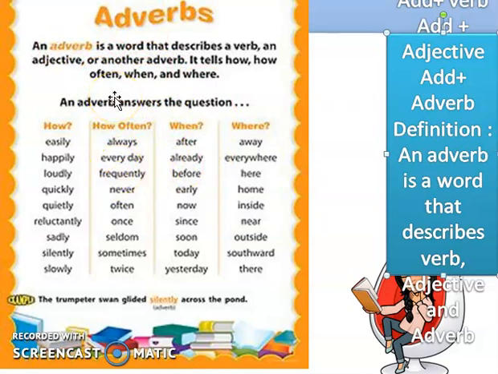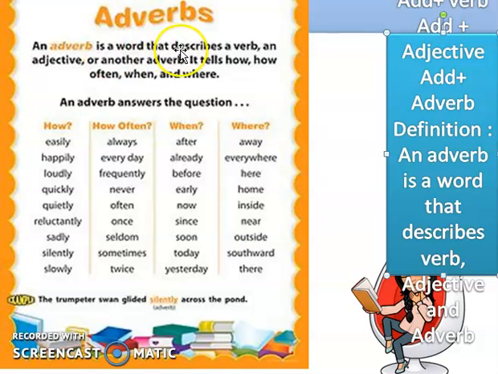We can also use adverb as how, often, when. If we answer it like this: how, when, where, often, the answers are adverbs.